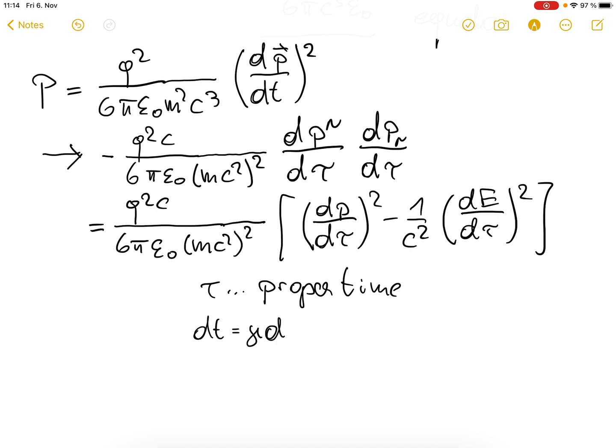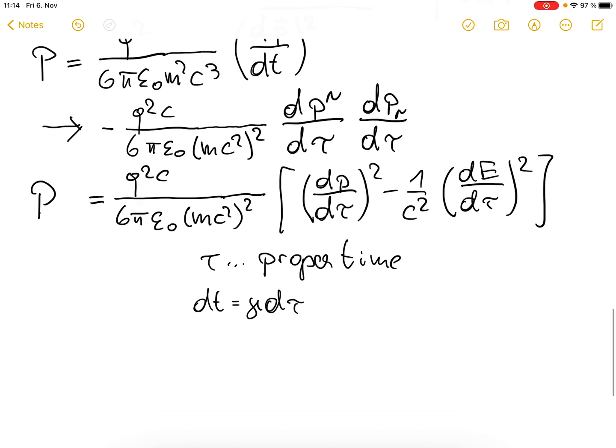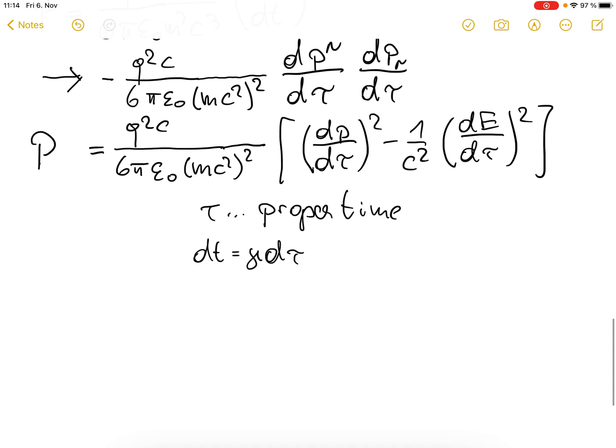So one picks up extra factors of gamma, and there's a 1 over c squared term in the formula that is also a relativistic correction. So we have now obtained the Lorentz invariant form of the power dissipation of an accelerated charge. Now we can consider relativistic and ultra-relativistic particles and look at their energy dissipation according to their movement. We do two examples that are important for collider physics.